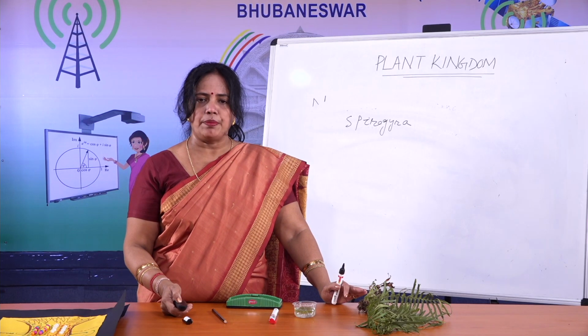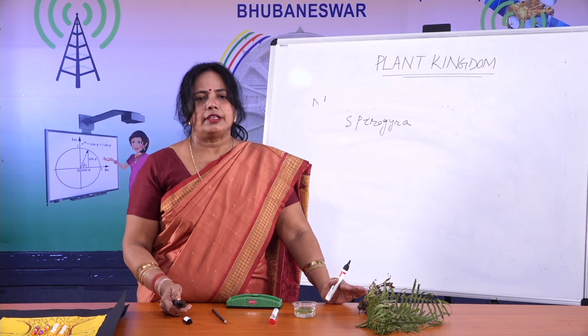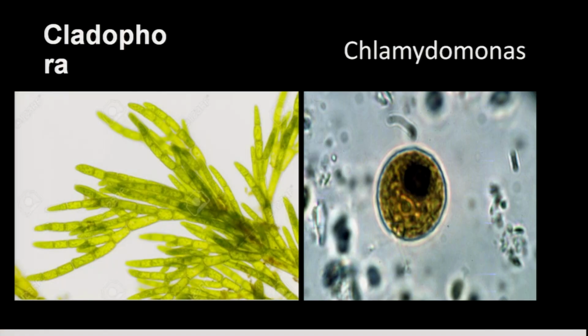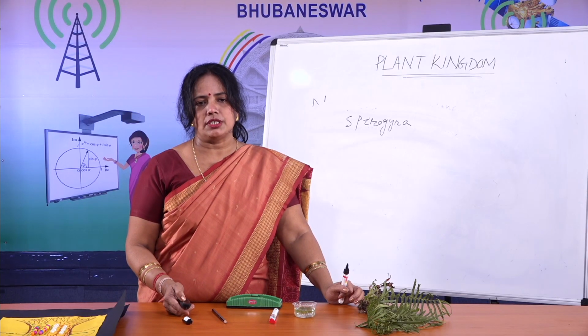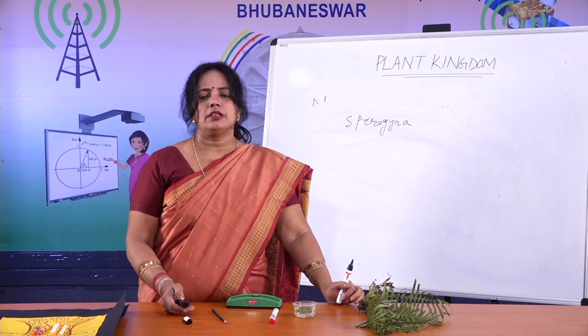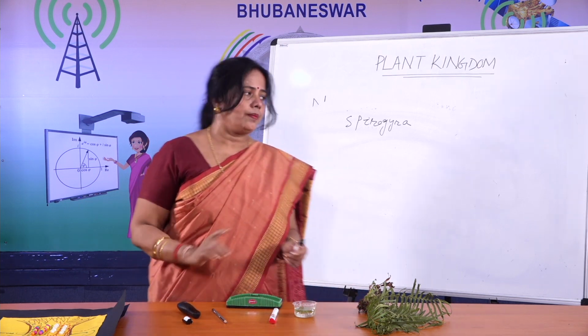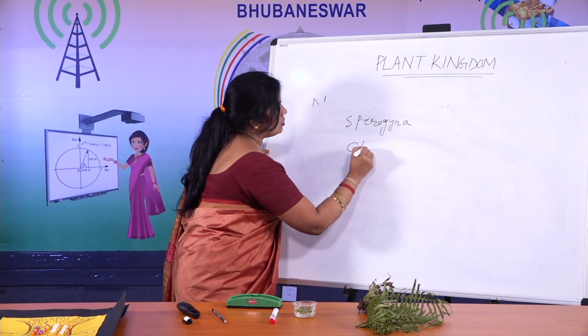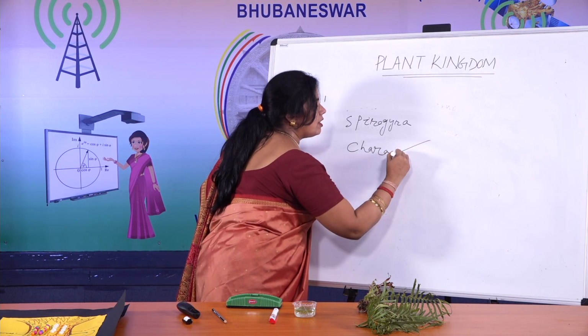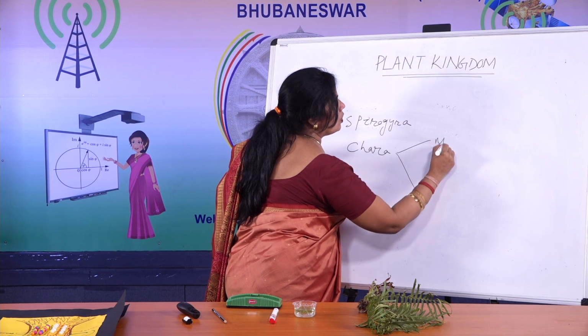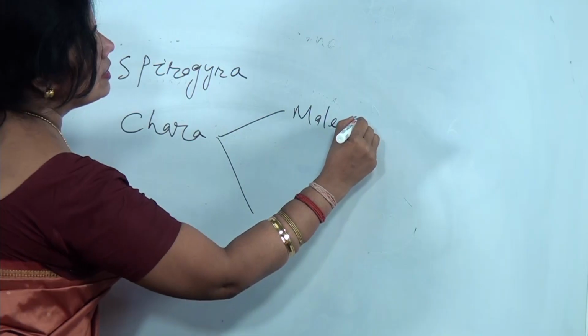Then another example you can see is Cladophora and also Chlamydomonas. In Chlamydomonas, you will find that a number of spores are produced. It reproduces by spores. Then regarding other features of the algae, in case of Chara, you can see there is presence of male and female sex organs.